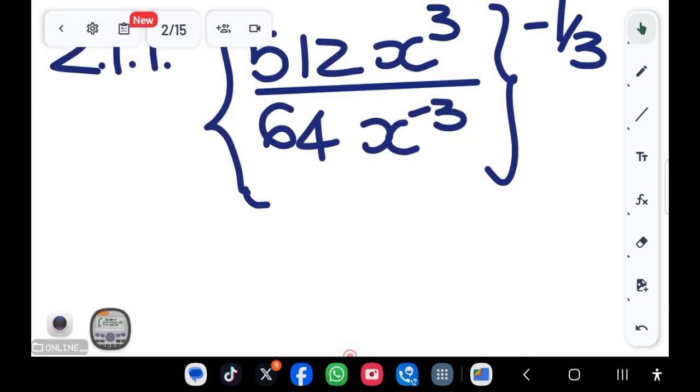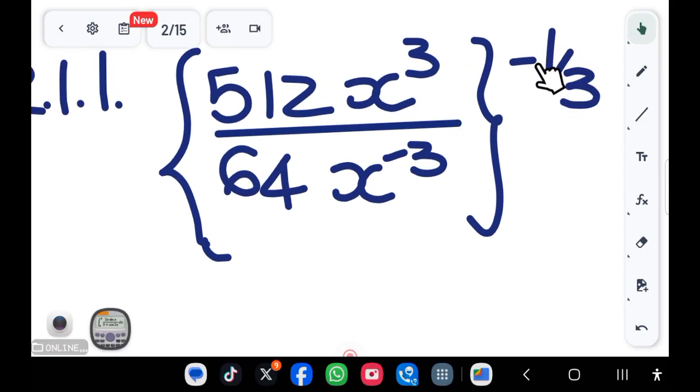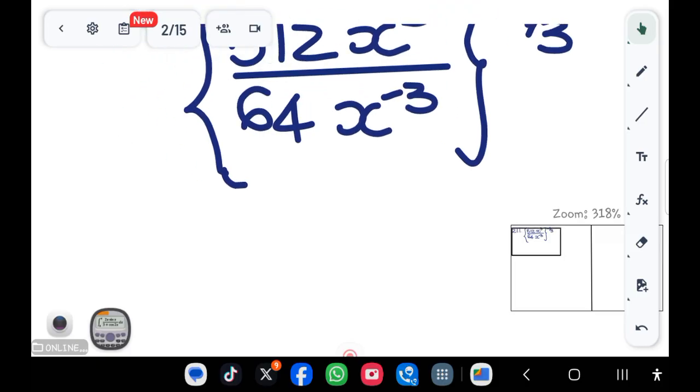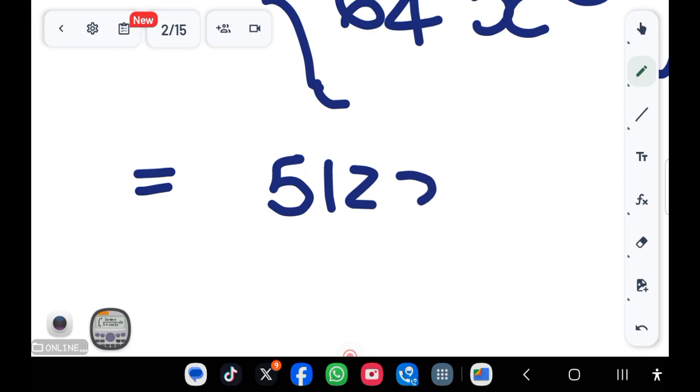All right, same thing for 64, but before we do that, we want to change this negative exponent to a positive one. So what we do is we flip the fraction upside down. What's at the bottom we take to the top, and what's at the top we take to the bottom. That is the effect of changing the sign of your exponent on the outside. So we'll do that first.